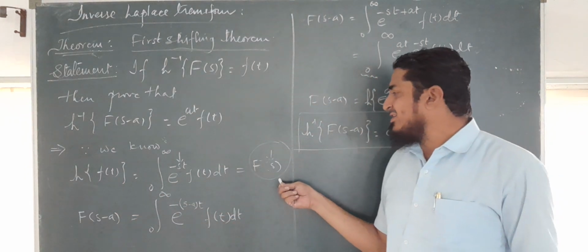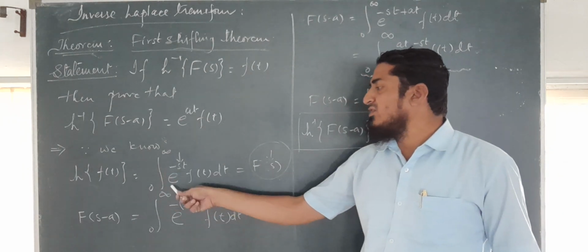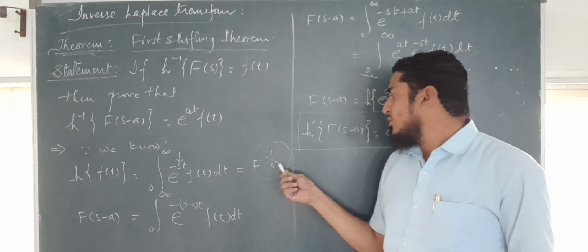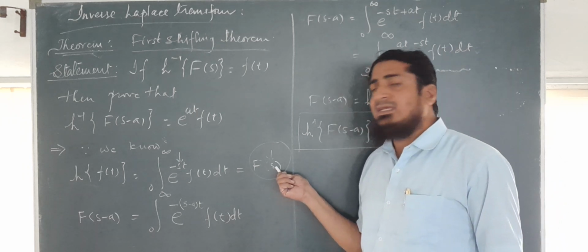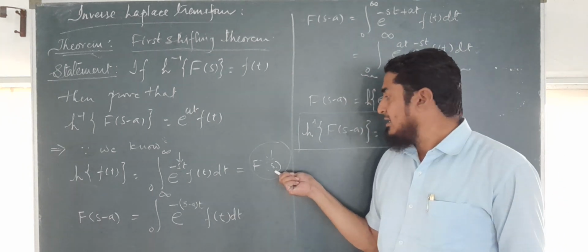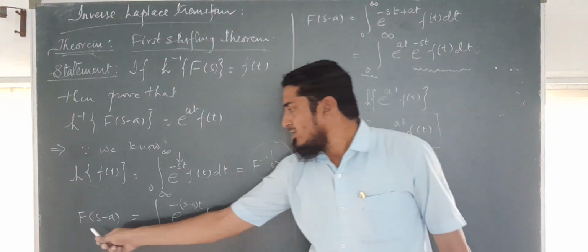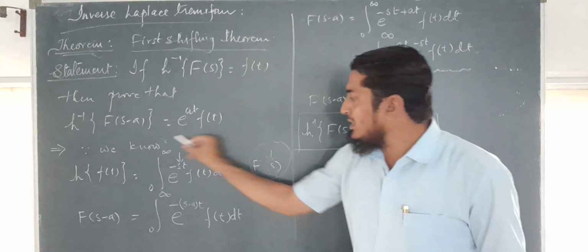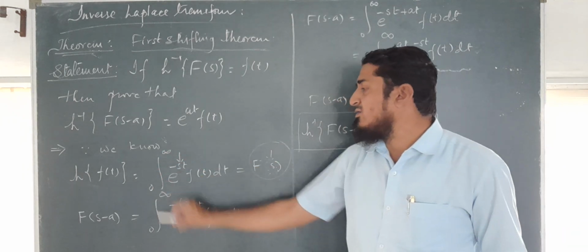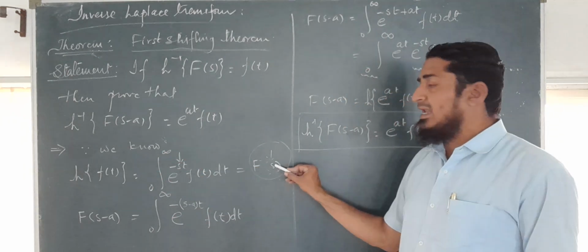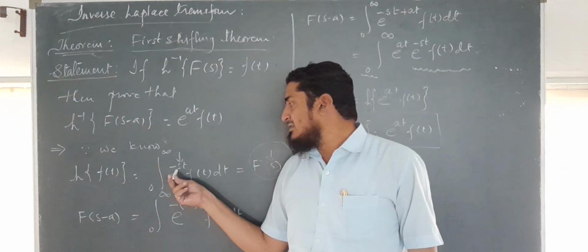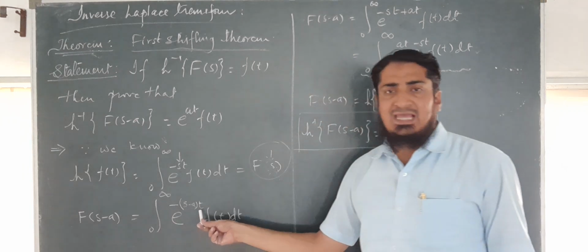Since we have F of s equal to integration from 0 to infinity e raised to minus st f of t dt, we are replacing the parameter s by s minus a. Wherever s is in the expression, we will replace that s by s minus a. So that's why we have converted minus s by minus s minus a.